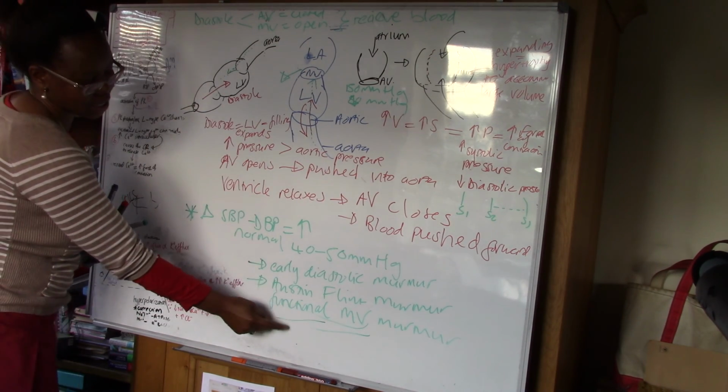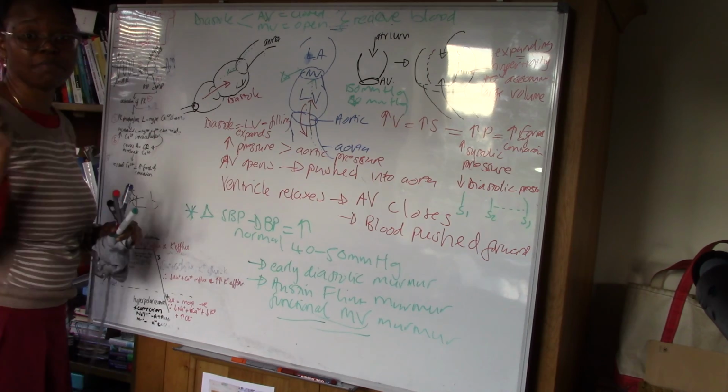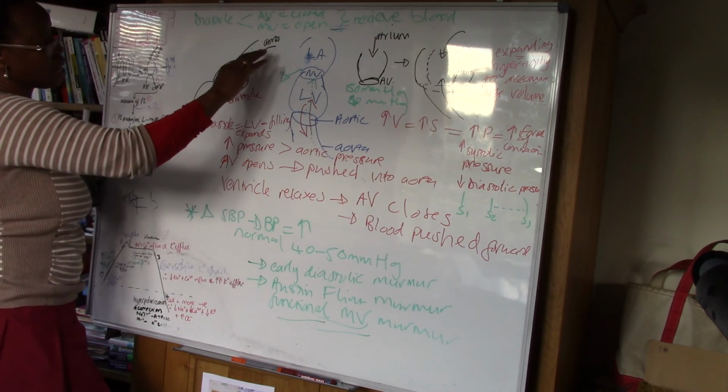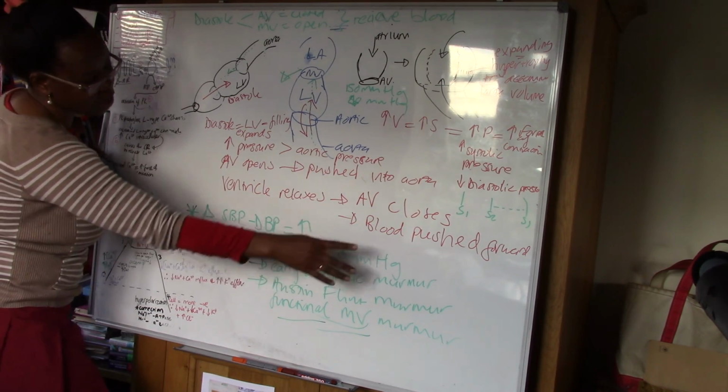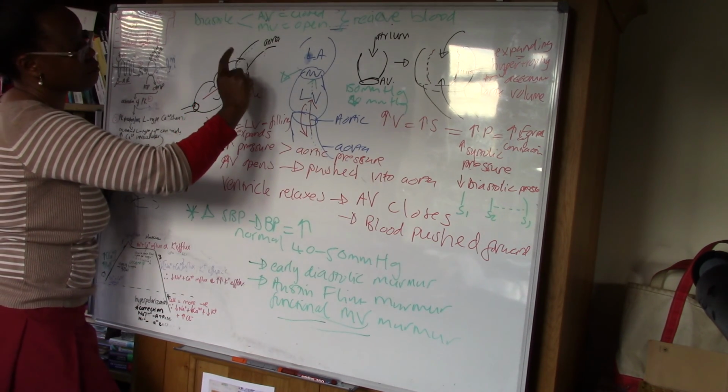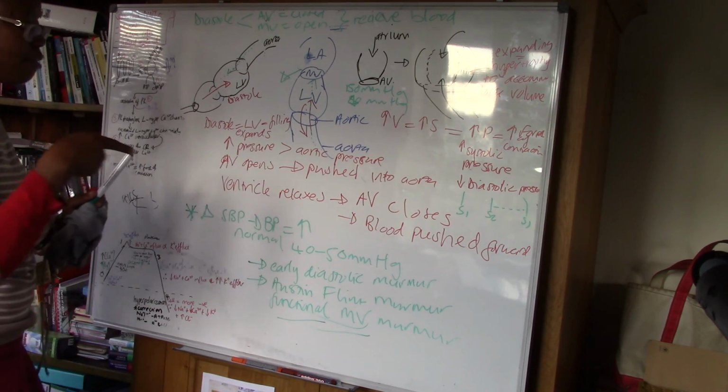So it will be a diastolic murmur, and we will have the early diastolic murmur from the aortic valve itself.